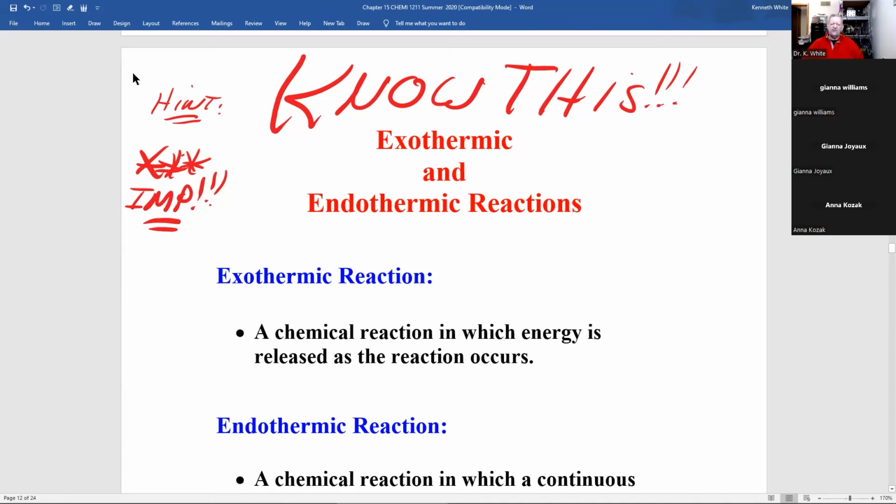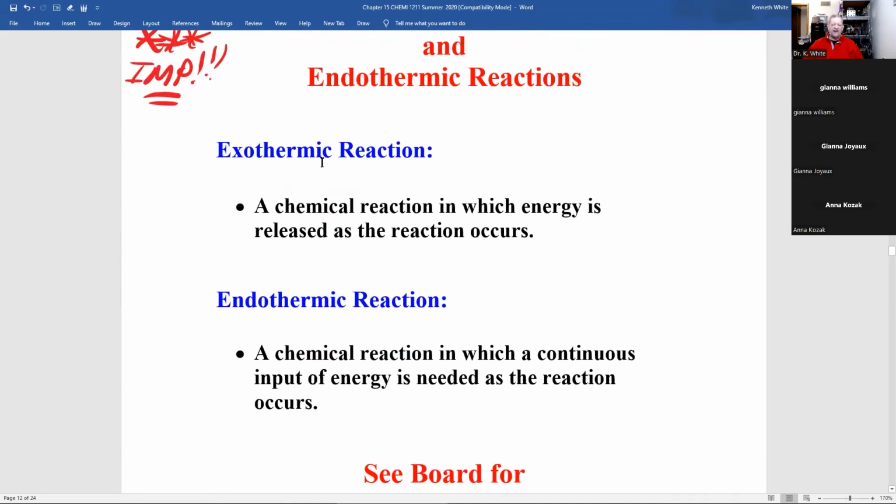All right, what are exothermic and endothermic reactions? Well, thermic means something about heat, energy. An exothermic reaction is a reaction in which energy is released as the reaction occurs.